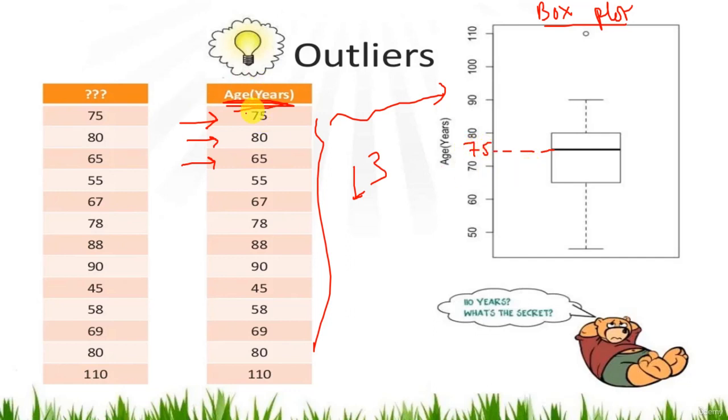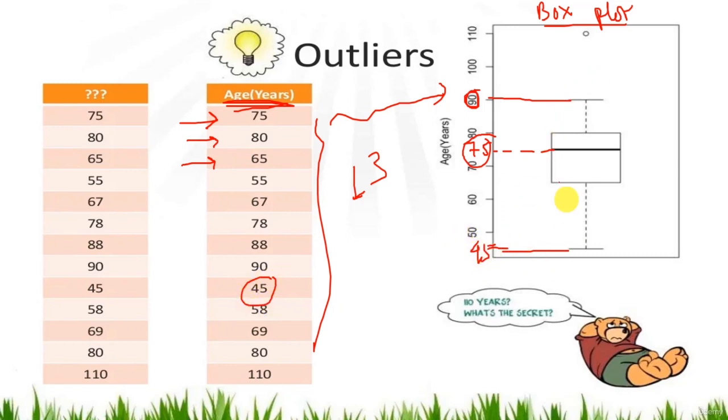That means most of their ages are near 75. You can also see the maximum value of age that we might encounter through the box plot is 90, and the minimum is around 45.